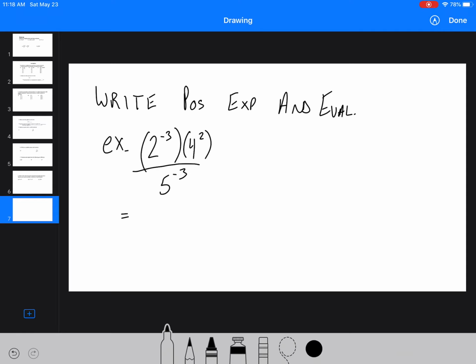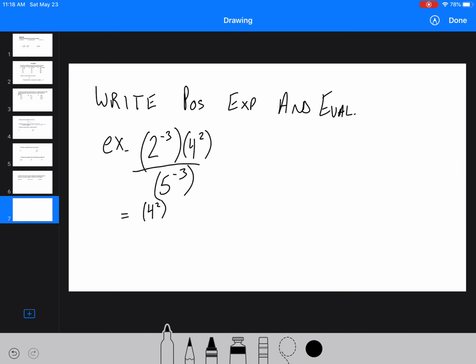Okay, so there's a couple things that I want to do here. First, I'm going to leave the 4 to the 2 on the top, because the 4 to the 2 doesn't have a negative exponent. There's nothing else I can really do to it. So it's just going to stay there. I'm going to just rewrite it first, because the order doesn't matter. We need to switch the places of the negative exponents.